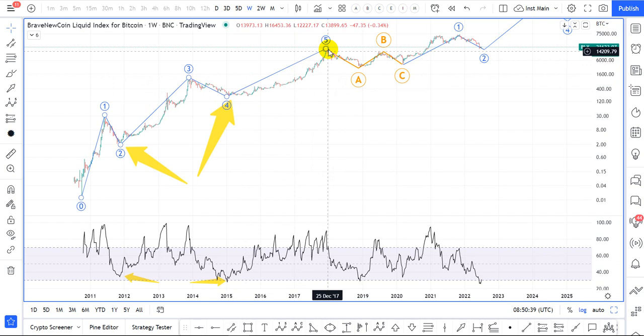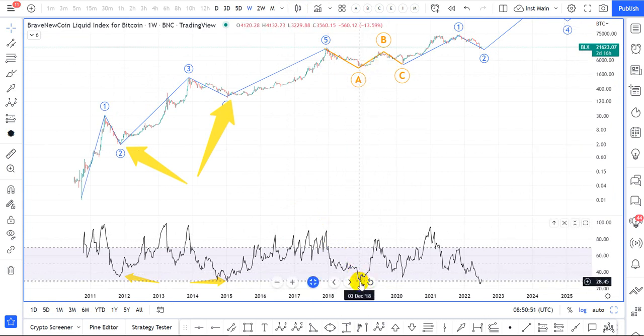Since there was an extension in wave 5, you see a lot of tops, and the highest was the 5. Then came A, B, C, and you also see it on RSI, those lower lows.